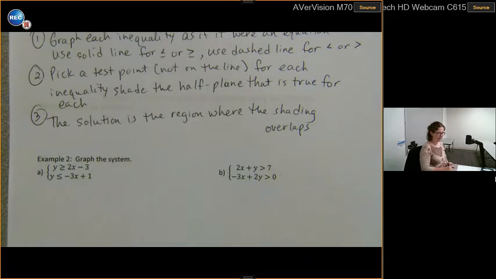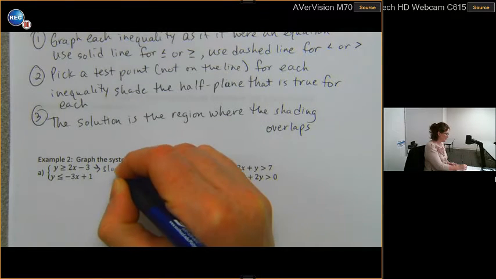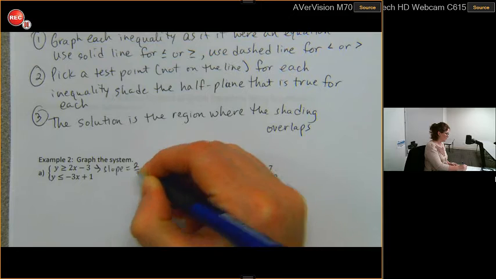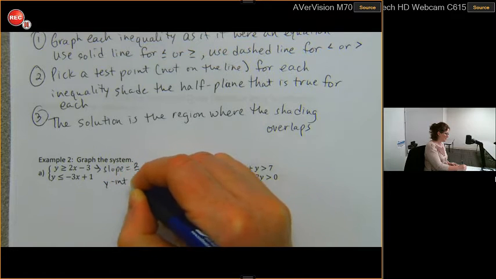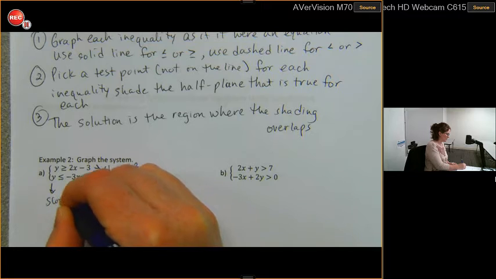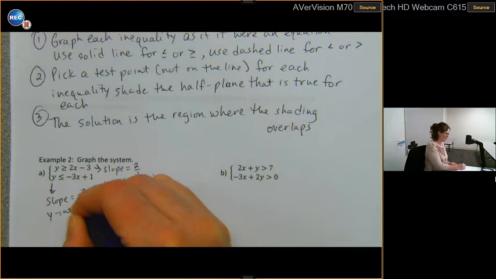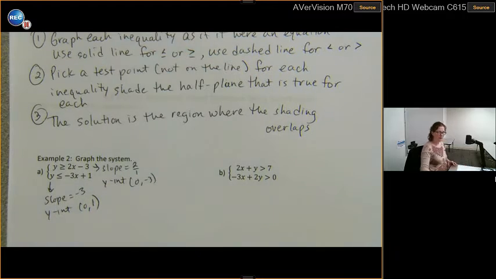So we're going to graph. These are both slope-intercept forms. We have a slope of 2 over 1 and a y-intercept of 0, -3. And here we have a slope of -3 over 1 and a y-intercept of 0, 1. So I'm going to go ahead and graph those.